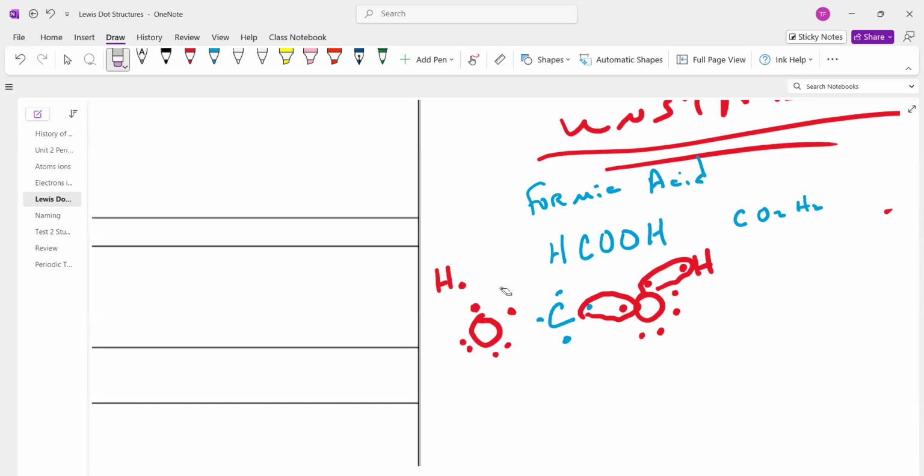Okay, the carbon right now has 3 singletons. The oxygen has 2 singletons. Anyone have any idea how to get this up legally?